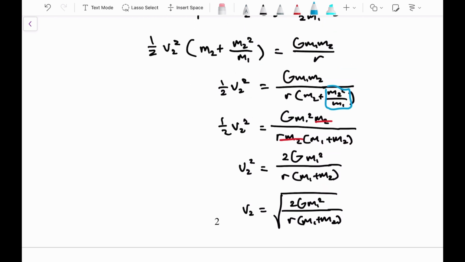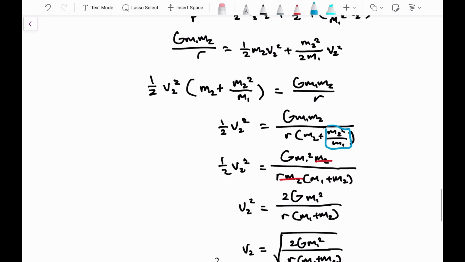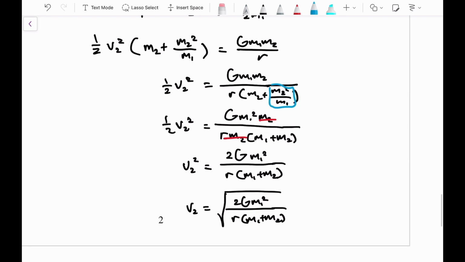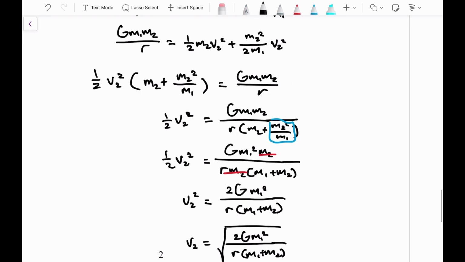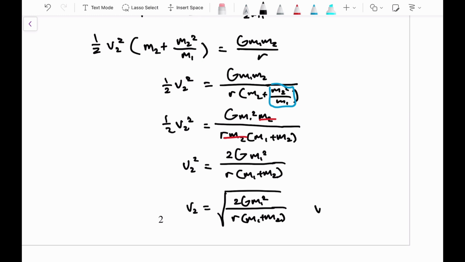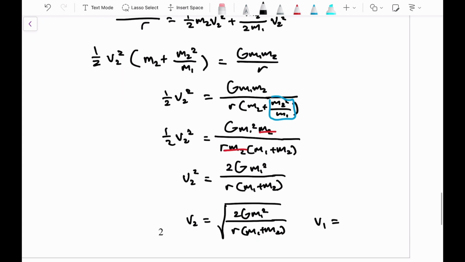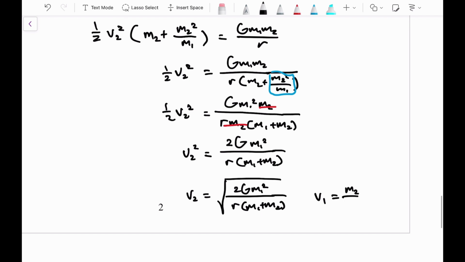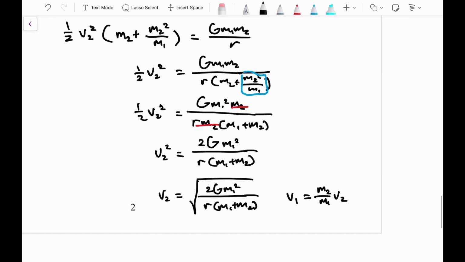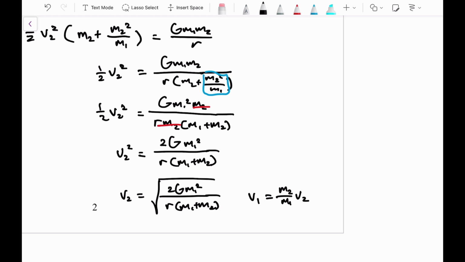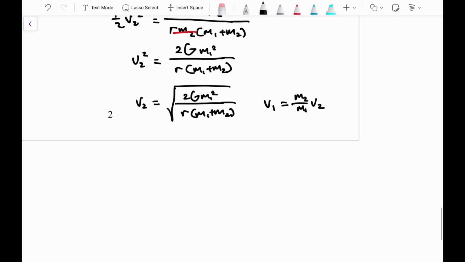So how do we do this? In one way, we can first resolve for v1. Okay, so what is v1? v1 essentially in this case, we know that v1 is equal to m2 over m1 times v2. Okay, so this is rather complex, but I think we can jump to the next step directly.